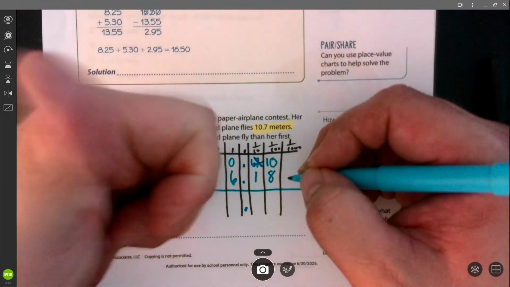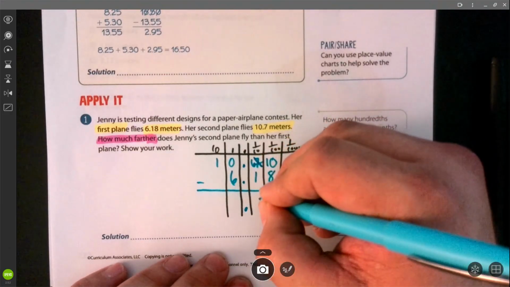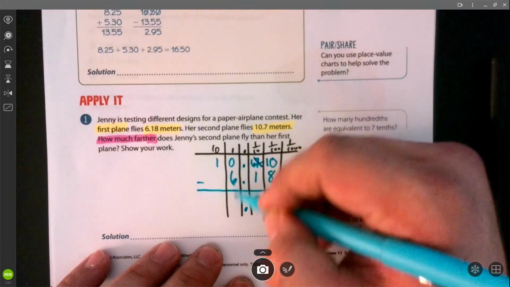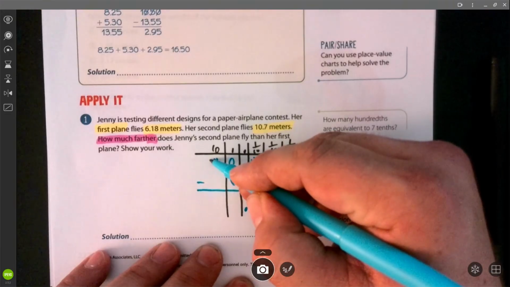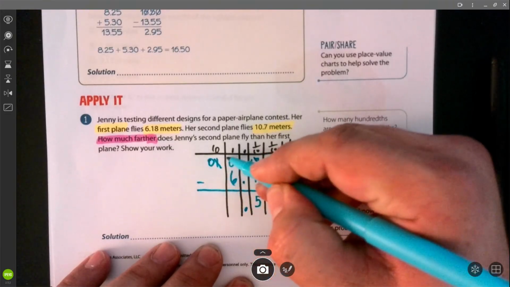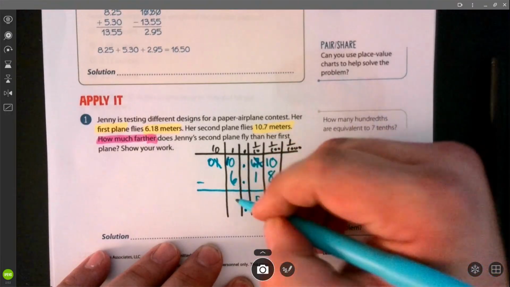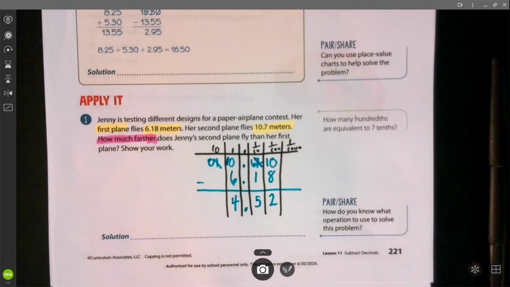I'm going to go 8, 9, 10. That's 2. 6 take away 1, 5. 10 take away 6 is 4. I did that in class, and somebody was like, "Hey, how did Mr. E, you had to regroup?" Well, I'll regroup from there and bring that over there, and it's 10 take away 6 is 4. That was just saving me time the first time.